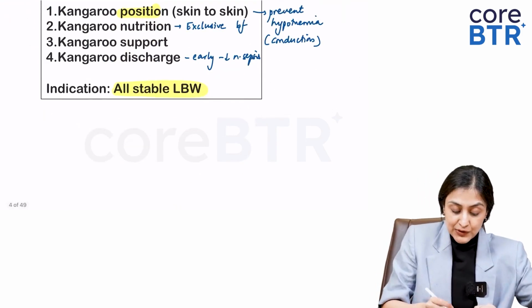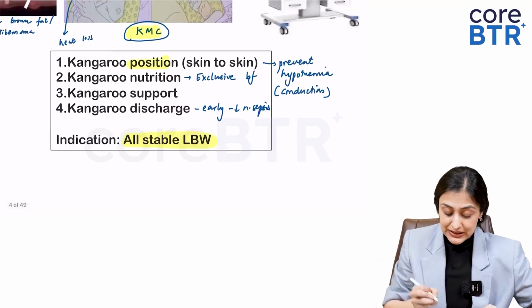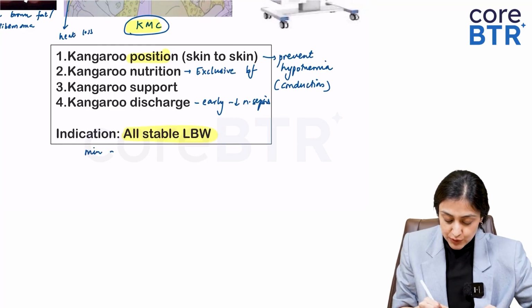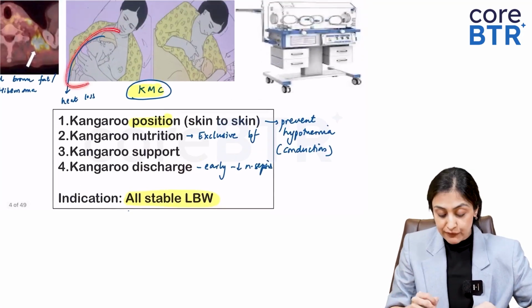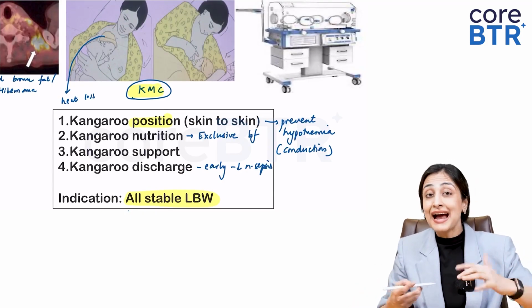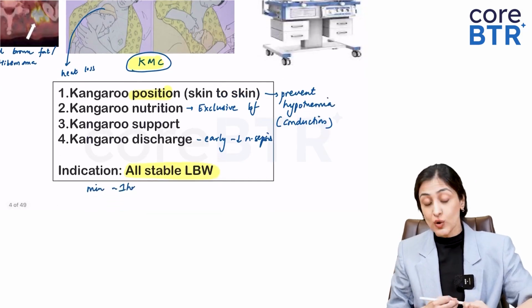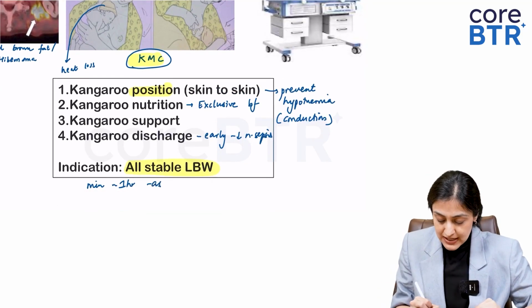Here they say that you should do kangaroo mother care as long as possible. Minimum one sitting should be for 1 hour at least, because again and again performing this itself increases the chance of neonatal sepsis and handling of the baby, which we don't want. So minimum 1 hour sitting, and as long as possible.